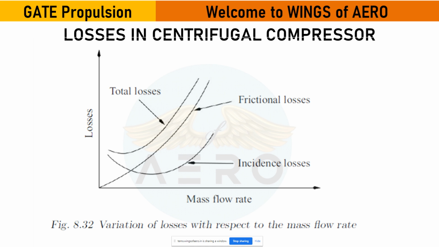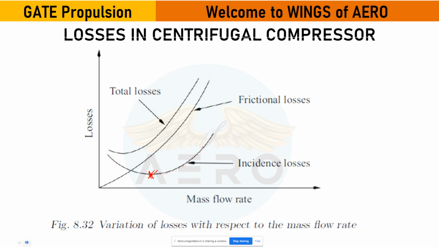As we increase the mass flow rate, initially the loss gradually decreases, but at some point, with further increase in mass flow rate, the incident loss increases again. So there is some limit where the incident loss can be considered negligible, but beyond that, further increase of mass flow rate leads to an increase in incident losses.